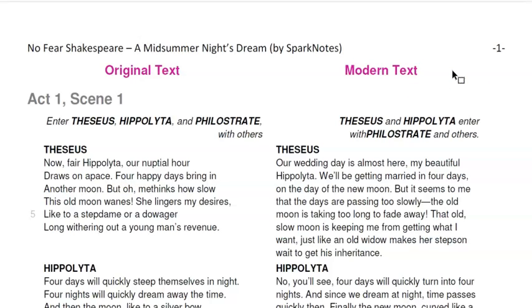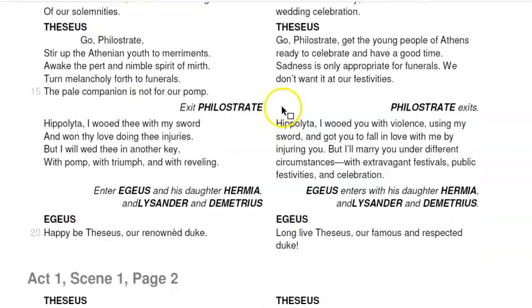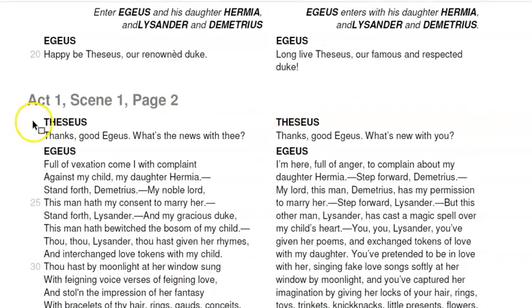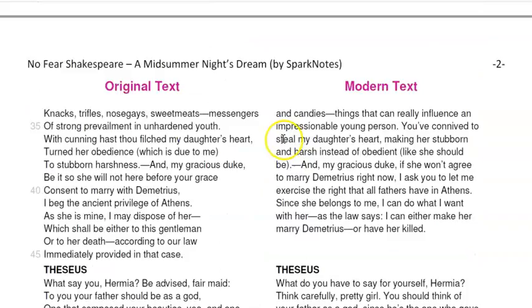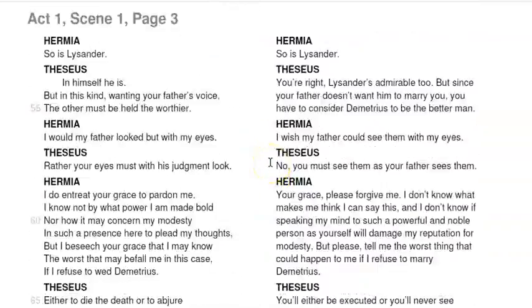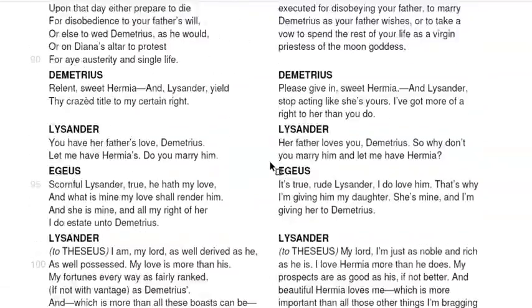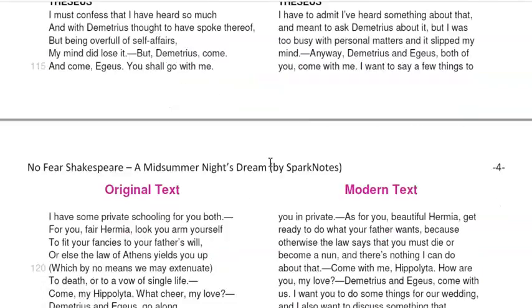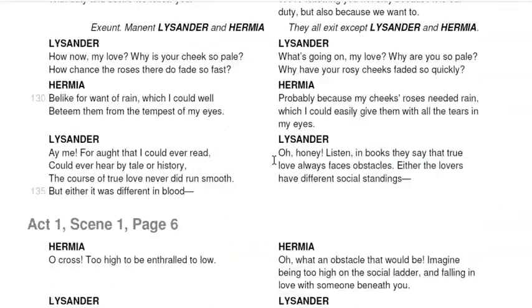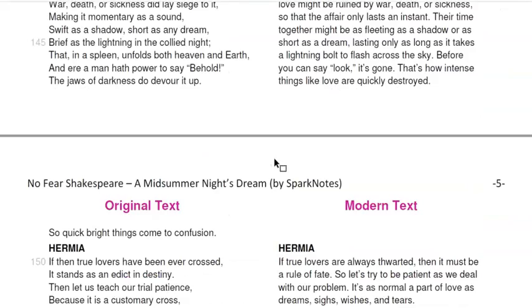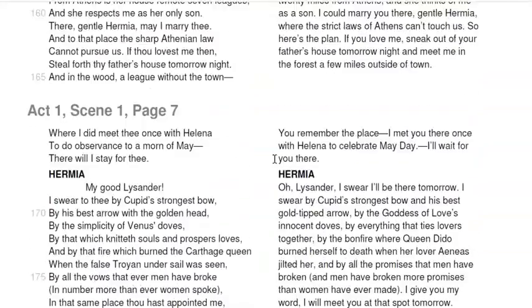Okay, so we start out with Act 1, Scene 1, and then we keep going here. Act 1, Scene 1. Okay.